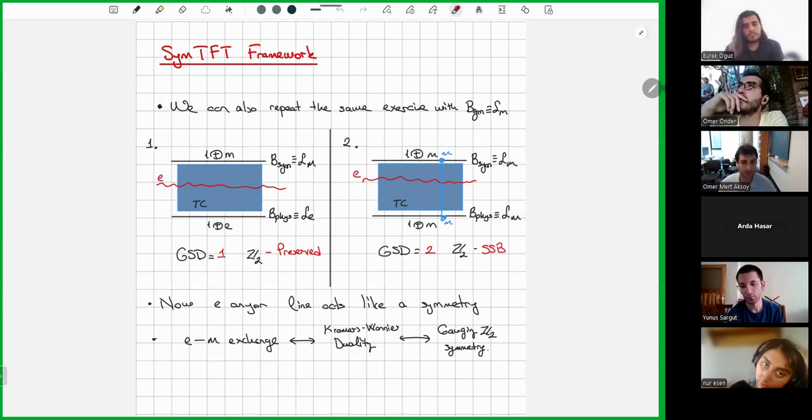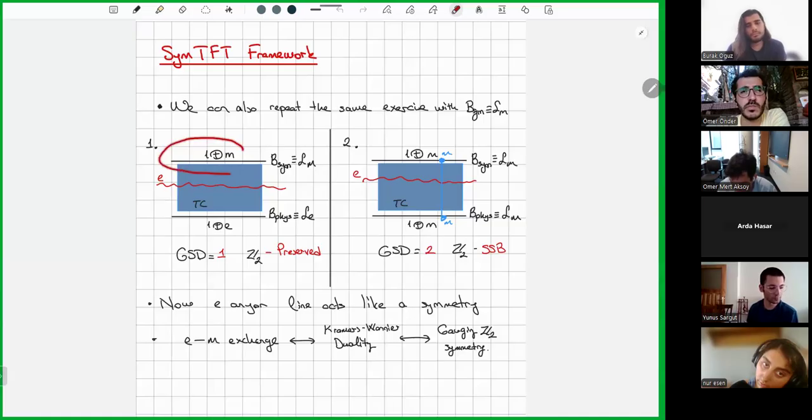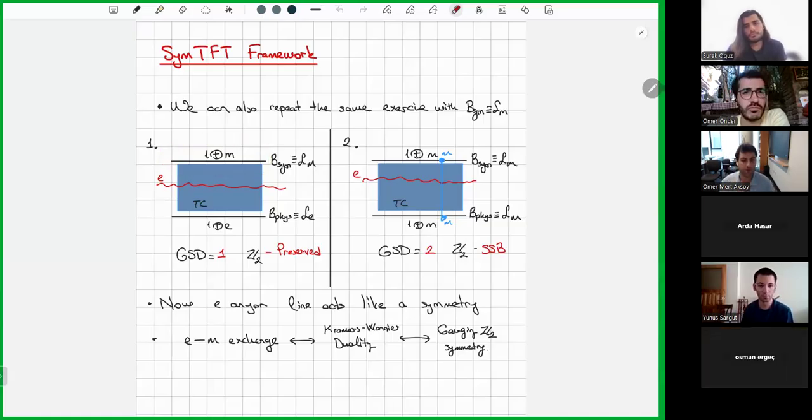I'm just saying that I can have a global operator, a (2+1)-dimensional operator, that I can act on everywhere that changes the labels of M and E. That's all I am saying. And then effectively, from the perspective of the physical boundary, it implements what's called a Kramers-Wannier duality.